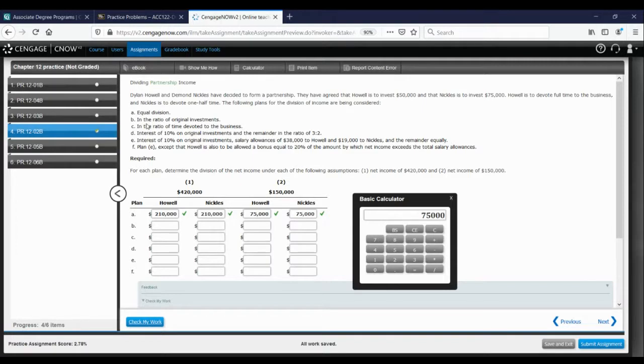In the next part of the problem, part B, they want you to show the dividing of partnership income in the ratio of original investments. So what we have to do is look at the amount that each partner has invested, and add them together to get a total. Howell was going to invest $50,000.